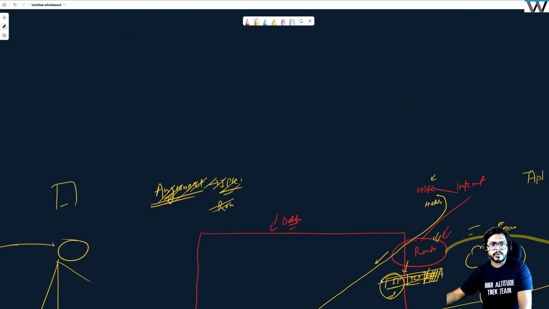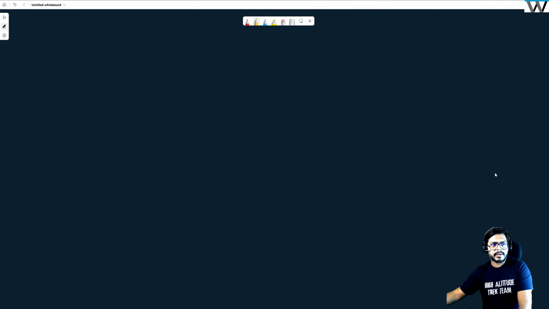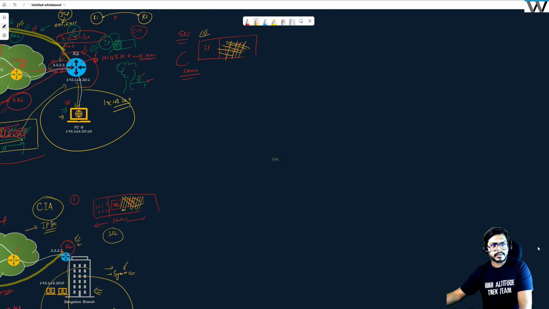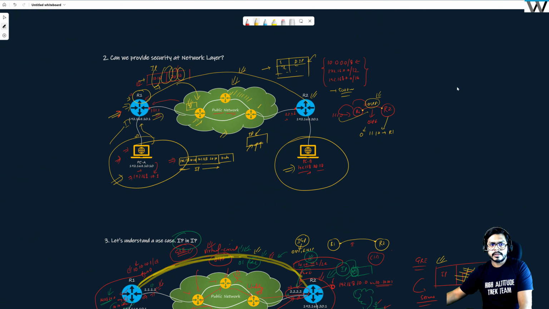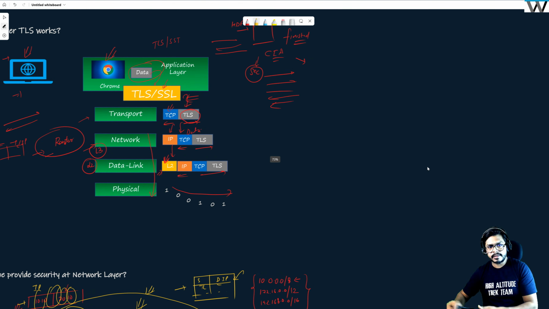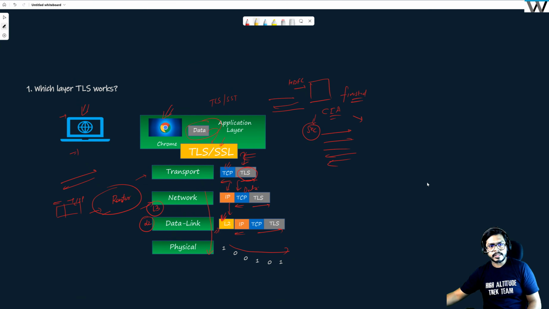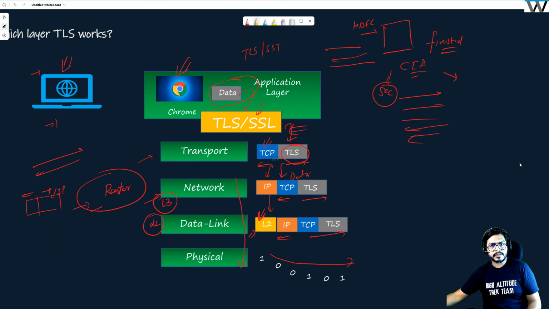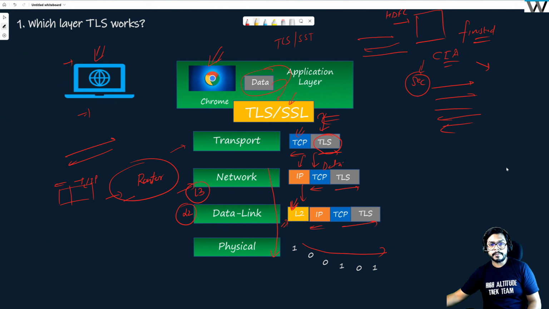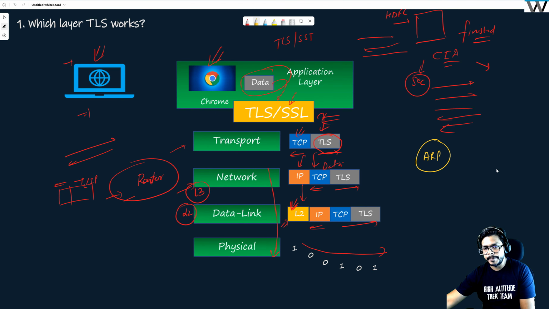So I was thinking how to make it clear to you guys. The most basic thing which I could think of is that it is not the case that every protocol works at one specific layer. Sometimes you cannot differentiate. I will give you the example of Address Resolution Protocol. People say it is a protocol which works at layer 2.